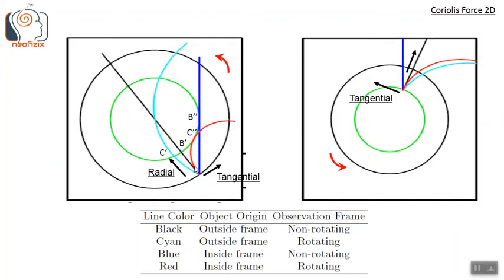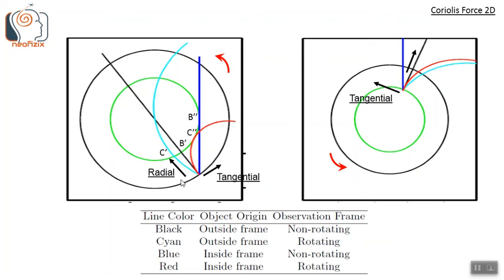As we noted earlier, the straight black lines in both these panels, the left and right, are the trajectories of an object released from an inertial frame and also being observed from an inertial frame. We discussed these black and cyan lines already. We shall focus more on these blue and red lines here.